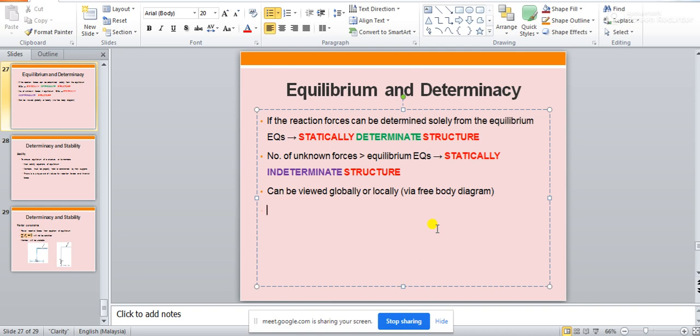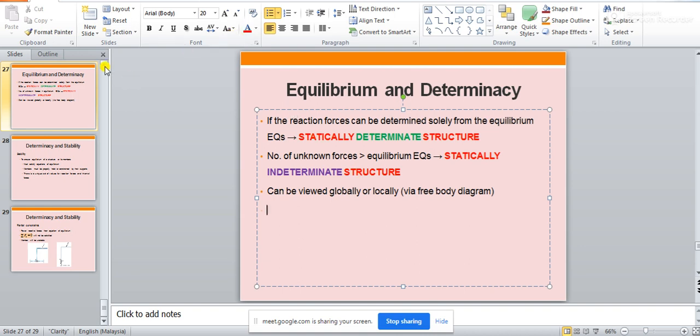But if your structural assembly is not exactly along the x, y and z directions, you may have to analyze the structure locally, and change the local components of those members to global components and then solve the structure. So you can view a structure globally or locally through the free body diagrams.